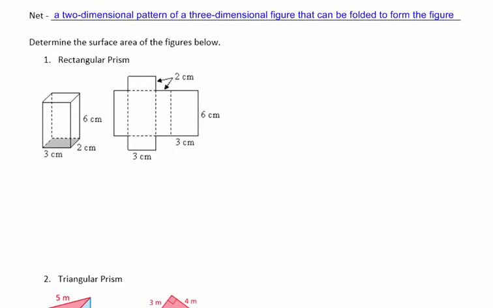So this here is what we call a net, and sometimes nets can help us figure out exactly the surface area. And really the surface area is just plane shapes that we did last lesson combined together to make that shape. So if you notice this rectangular prism here, it's got a top and a bottom that are the exact same size. So I just have to find the area of that and double it. So the top and the bottom are the same size and shape.